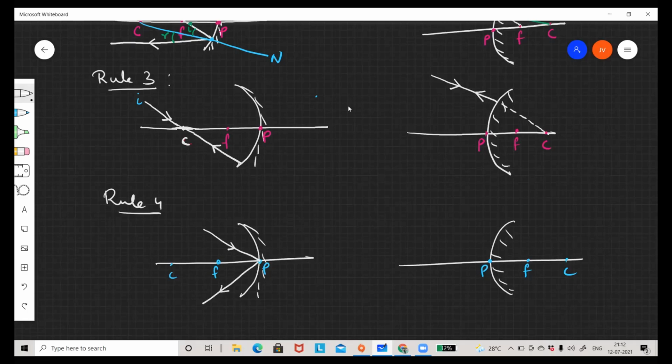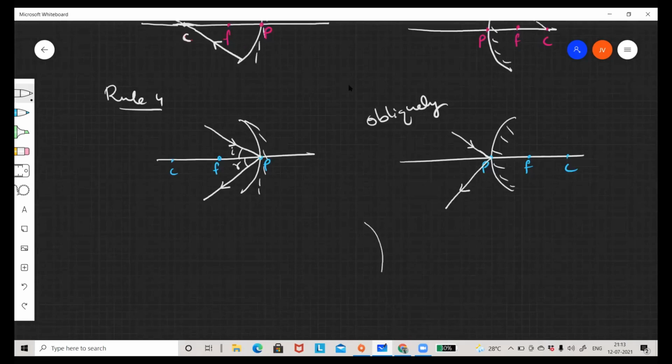So if a ray of light is incident obliquely at the pole, it is reflected also obliquely. That means here this is the angle of incidence and here this is the angle of reflection. Same thing in this case, a ray of light incident on the mirror obliquely.